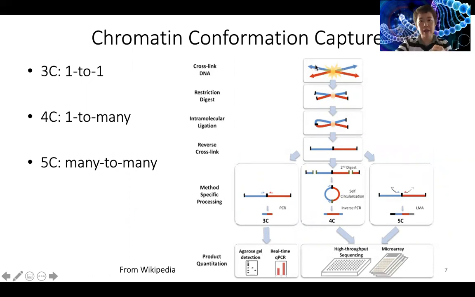In this case, the blue is one region of the chromatin, and the red is another region of the chromatin. They probably reside far away in real genomic locations, but because of interaction, looping, they might be interacting with each other. In the 3C experiment, we first use cross-linking to cross-link them together, and then use restriction digestion.